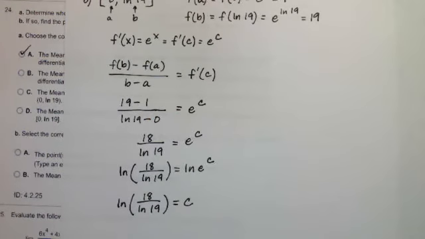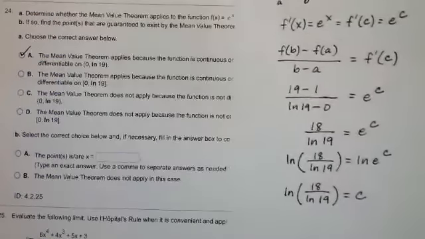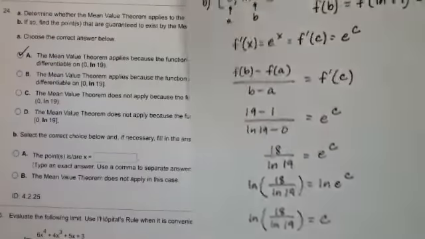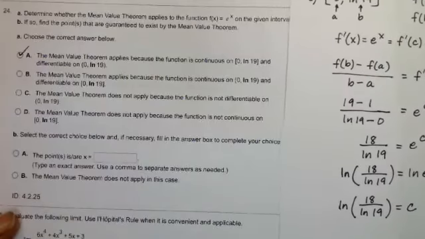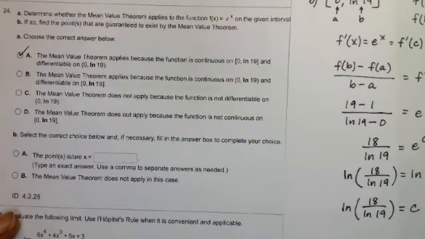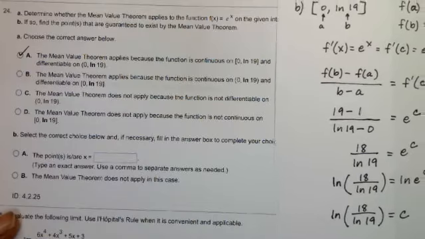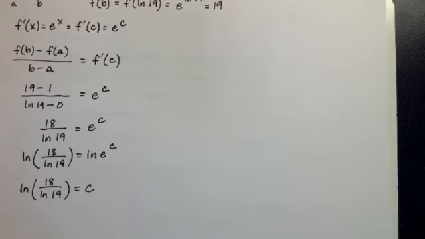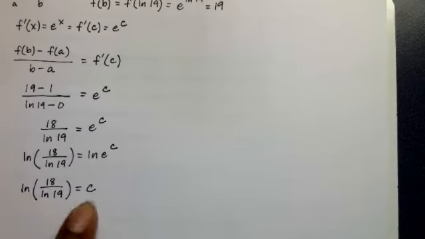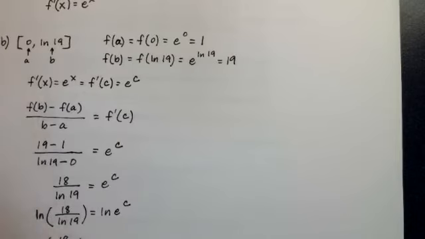So we're going to leave that as is. If we were to answer that question, you'll just enter this as is. That would be the point that is guaranteed to exist by the mean value theorem. That means that value will exist within that interval.